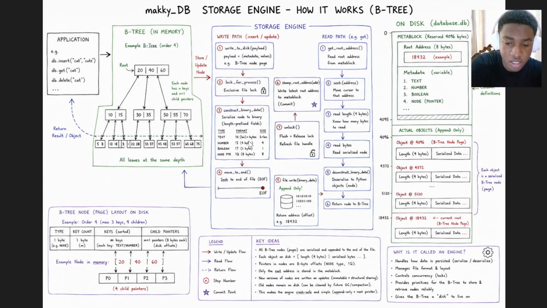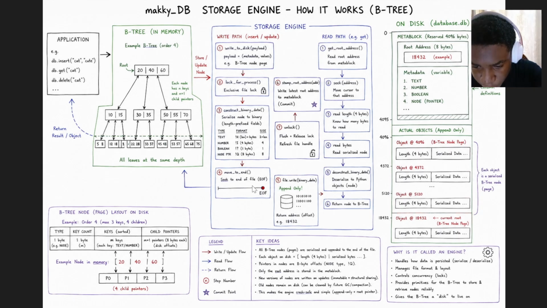So when we do that, we will then move to the end. As I said, in Python, when we are dealing with file objects, there is a marker basically. So we tell that marker to move to the end of the file so that we can write bytes at the end.